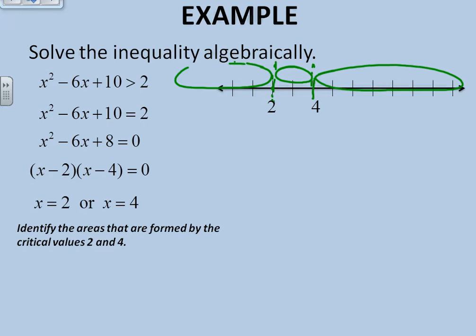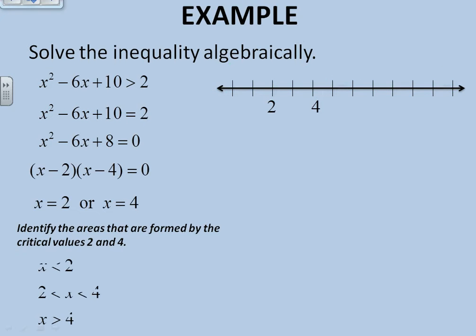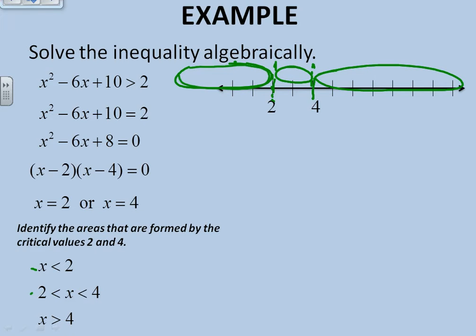And we're going to test a value out in each of those. Looking real quickly, again, x is less than 2 is out here, and a value between 2 and 4 is this little area in here between those two values, and then we have a value out here that is greater than 4. And we want to test a number in each of those areas.